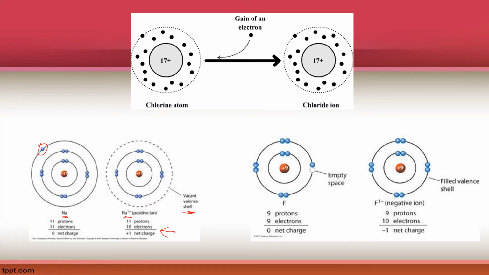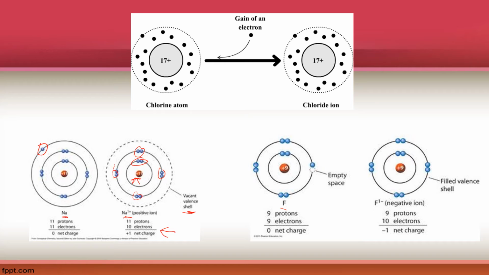How do I know there's 10 electrons? 2, 4, 6, 8, 10. But its atomic number is 11, like it shows you in the middle there. So sodium becomes that 1 plus charge.